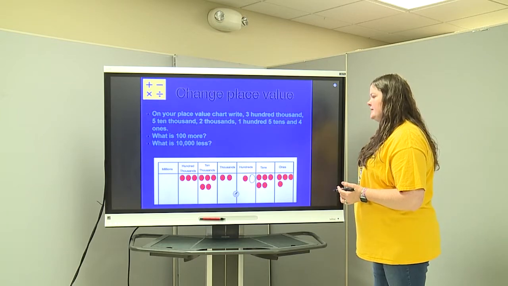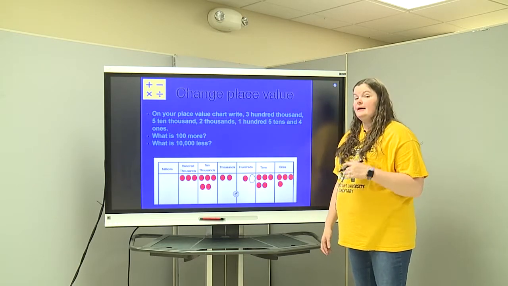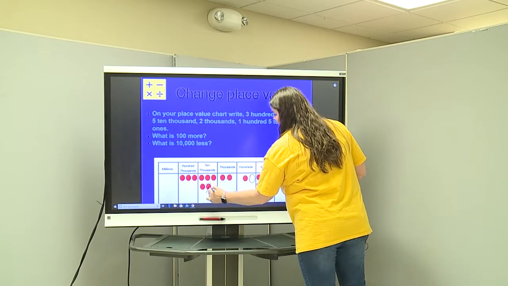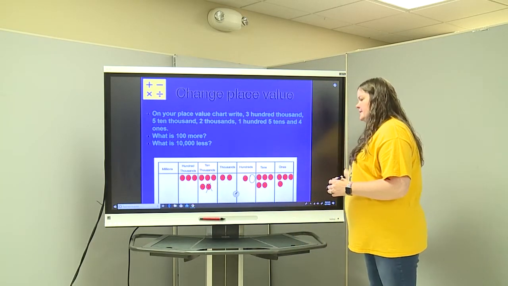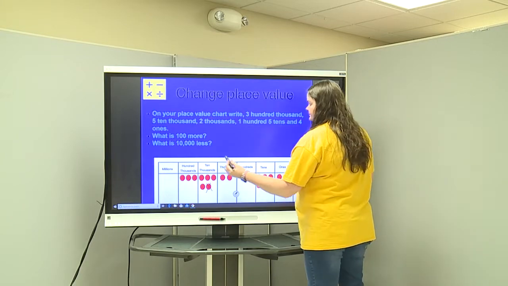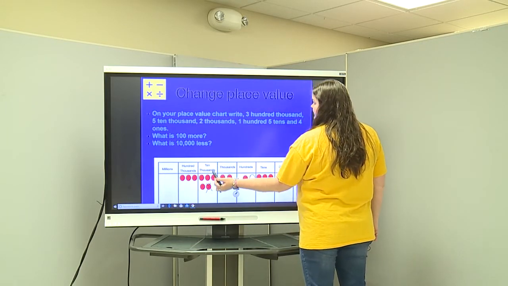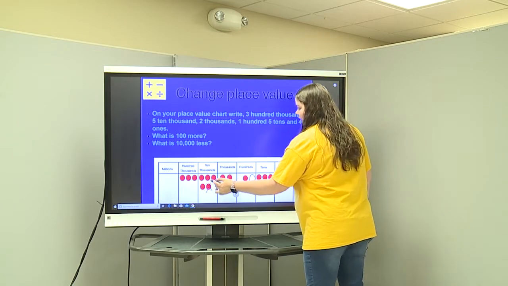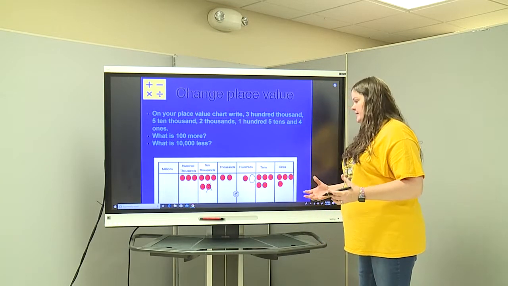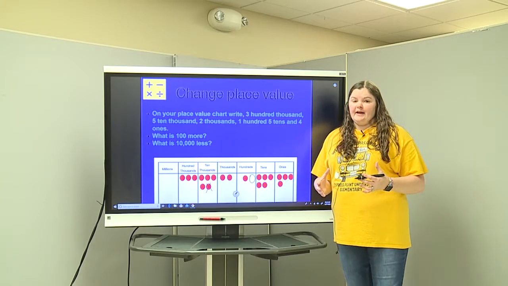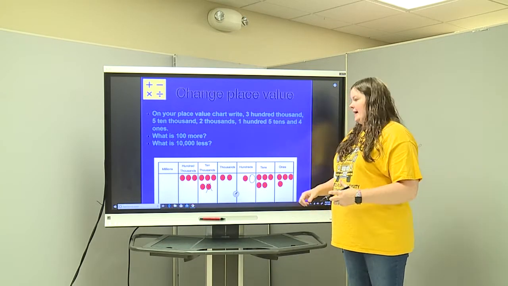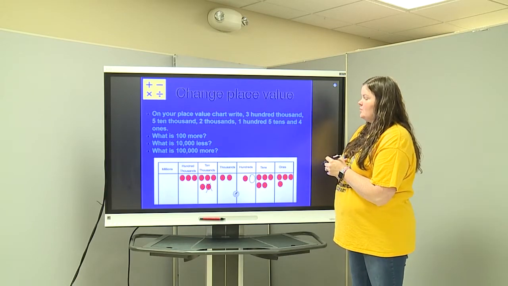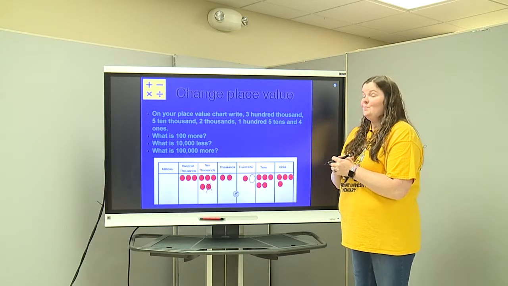All right, next, what is 10,000 less? So if I took away, I'm just going to put an X over it. If I took away a 10,000, then I would have 342,254. Again, all I did was put an X over that 10,000s place value disc because I was just taking away a 10,000. All right, and then the last one says, what is 100,000 more?